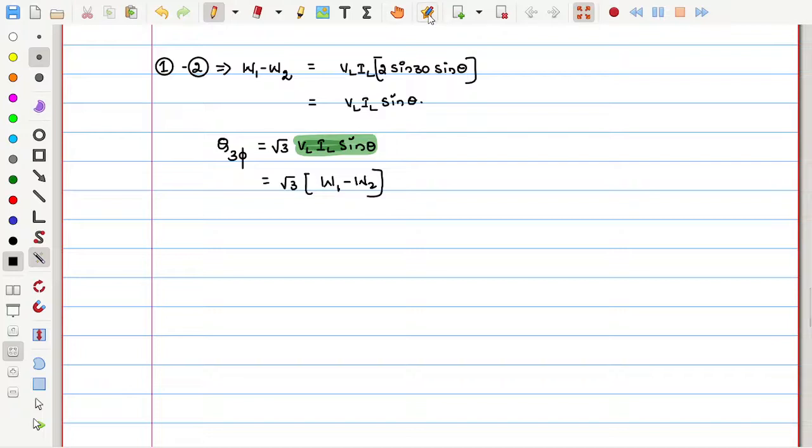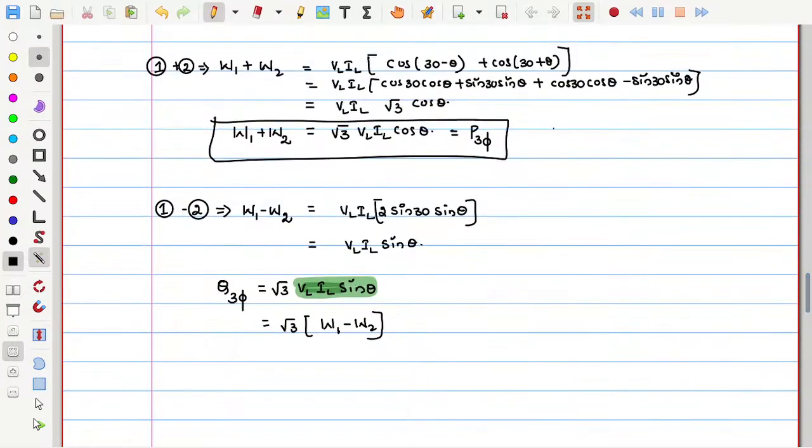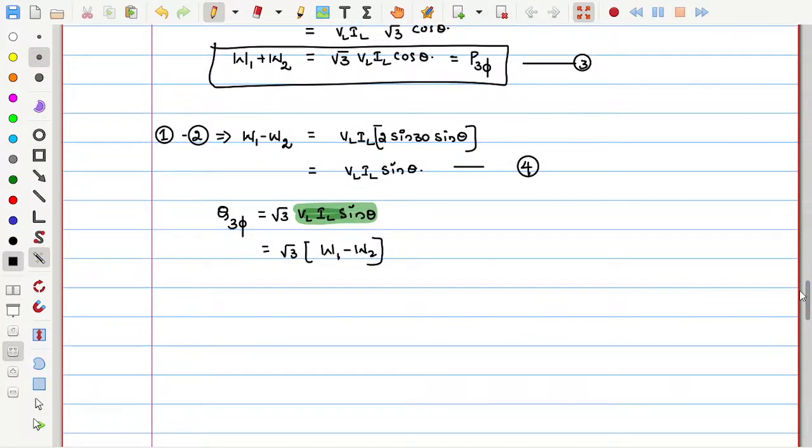And one more thing which is important is the power factor. So try to observe these equations. Let me say this is third, this is fourth. From equation number third and fourth, we can get some more important information, that is the theta value.